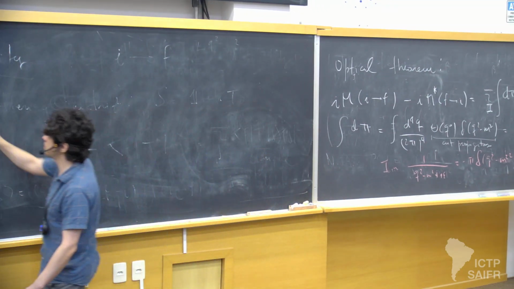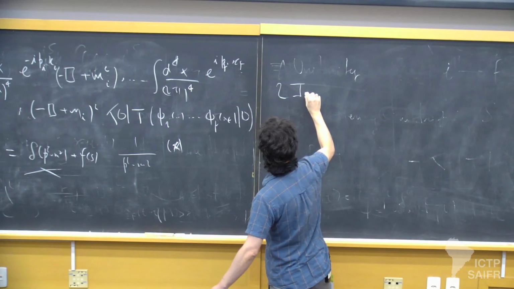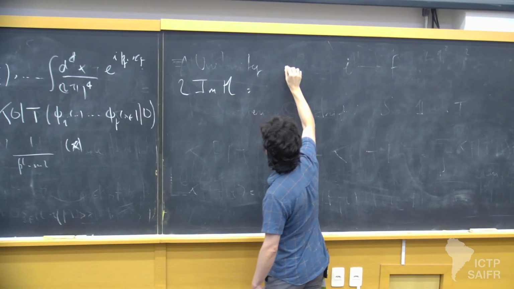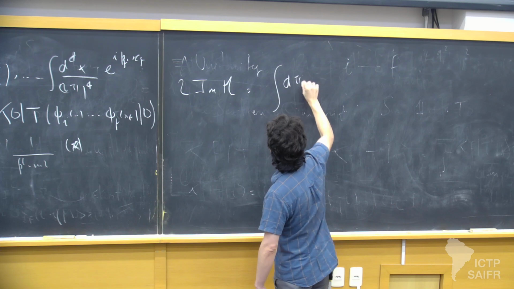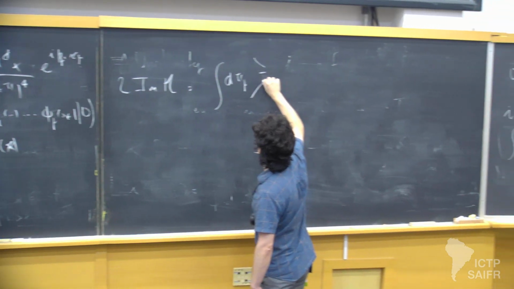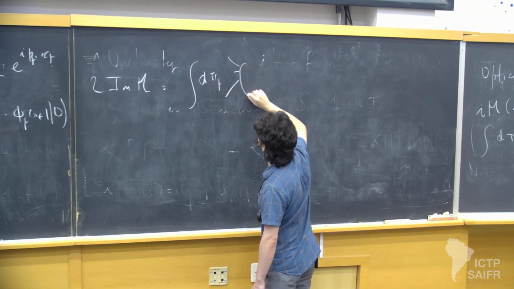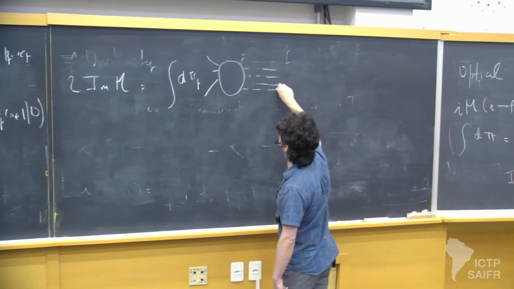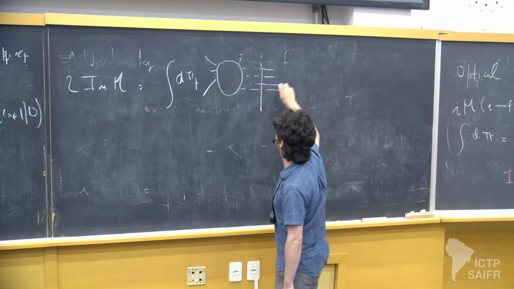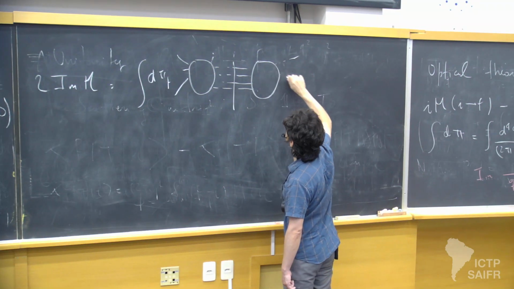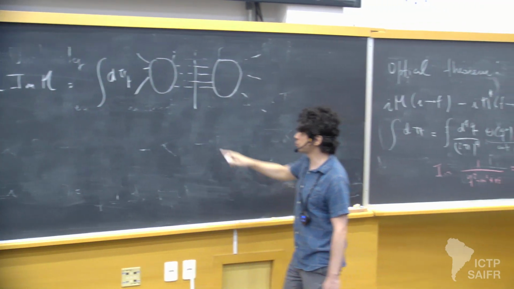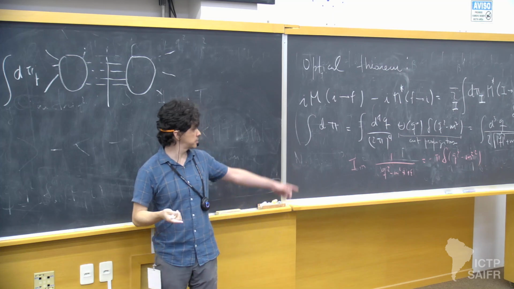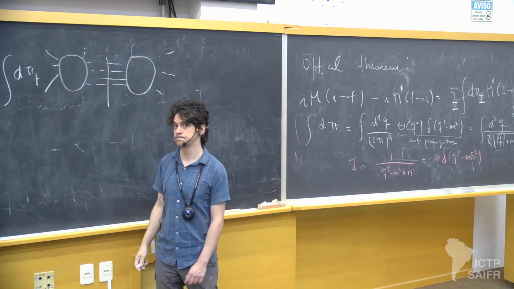So you just describe it as 2 times the imaginary part of the amplitude equals this sum here. You have every particle that can enter in, all internal lines that appear here that you are cutting, and then the particles that get here. So to cut an internal line means to replace a usual propagator with its cut version.